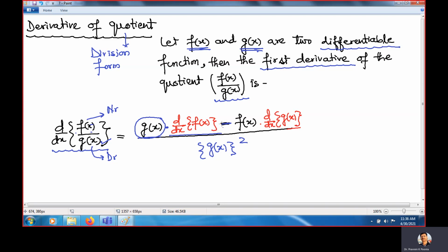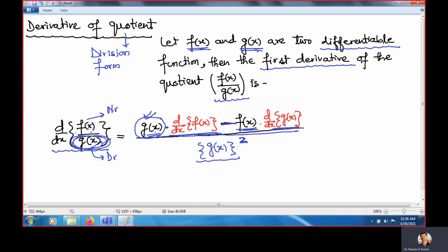In product it was plus, but here no plus, here is minus. Because here gx was there, so here fx will be there. When gx is there, differential of fx. When fx is there, differential of gx. Just remember, there will be a negative in between and gx will come first. And divided by whatever is in denominator, gx, the whole square of it. You can see power 2.